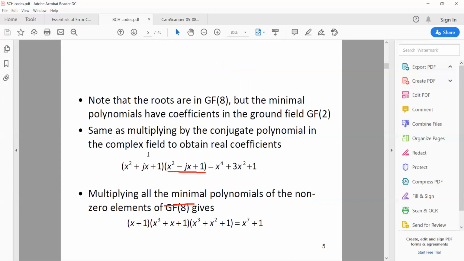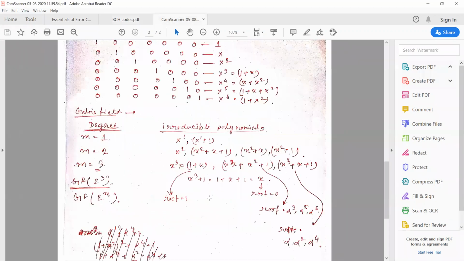Now, the thing is that multiplying all the minimal polynomials of the non-zero elements of GF(8), considering degree 3, which are the non-zero elements? This is for root 1, this is for root 0.